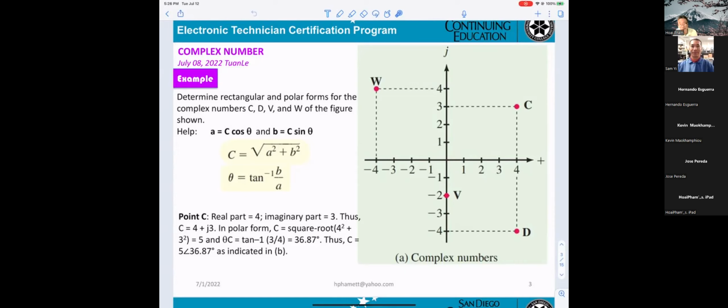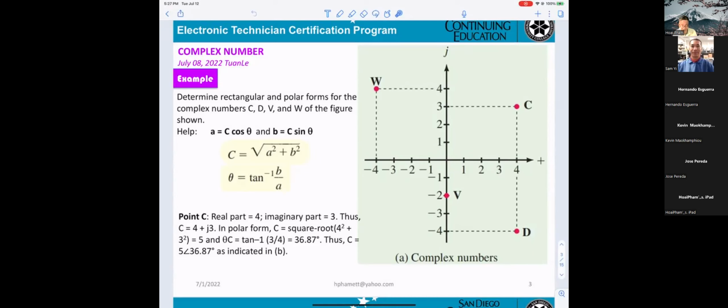And also, they already tell you in a complex number, if you want to add or subtract two numbers, use rectangular. If you want to multiply or divide, then you have to use phasor.